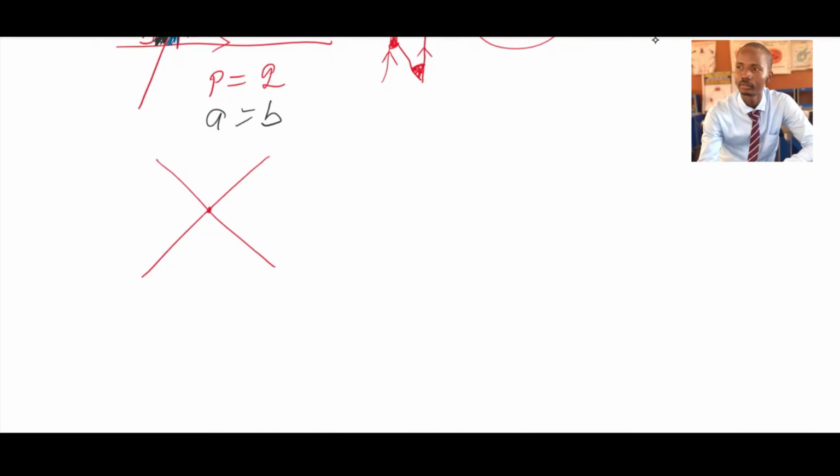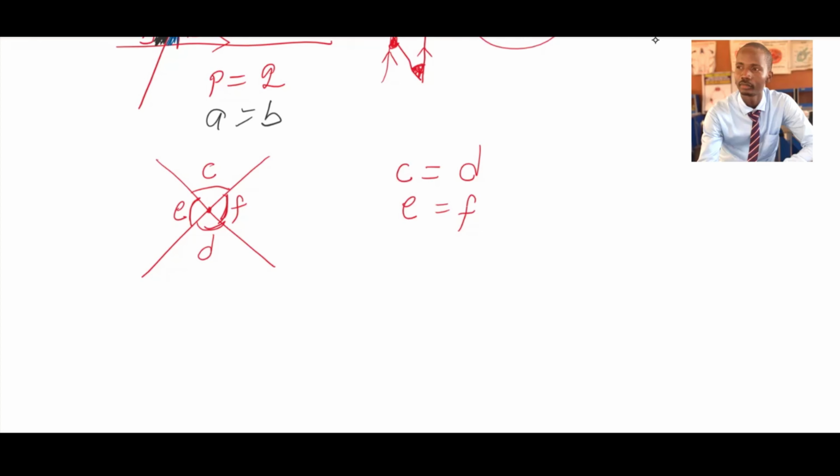Let's say this is C, vertically opposite, this is D. So I can say that C is equal to D. If this is angle E, the vertically opposite is F. So E is equal to F, vertically opposite angles.